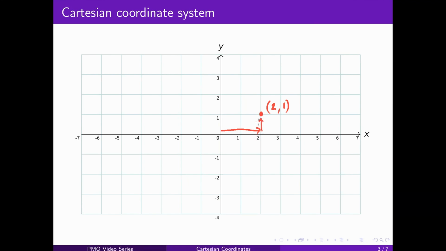That's why this point has the coordinates 2, 1. Similarly, you can identify the coordinates of any point in this plane. Now, one special point here is the point at 0, 0, which has a special name called the origin. So using just two real numbers, you can uniquely identify every point on the Cartesian plane.